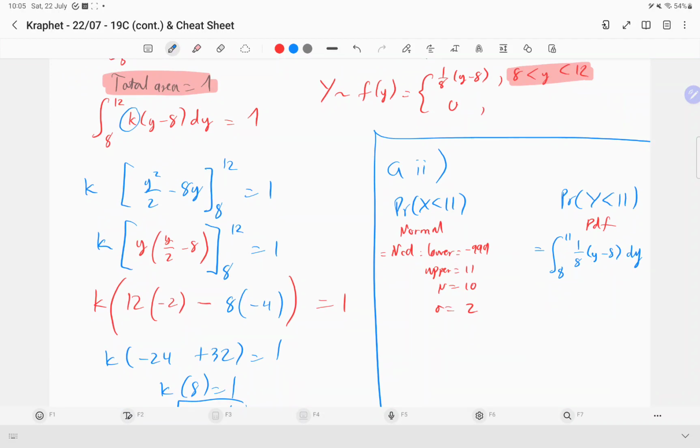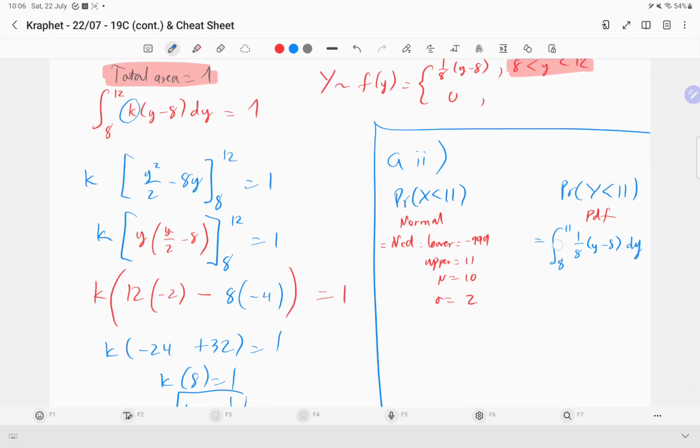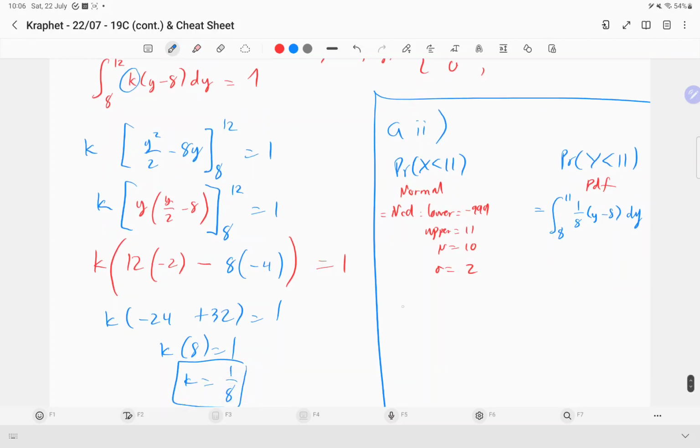If you go normal CD for the left hand side, distribution normal CD, lower negative 999, upper 11, standard deviation 2, mean 10. This one would be 0.6915. And then for this one, again on the calculator, you don't even bother solving it, just punch that in.